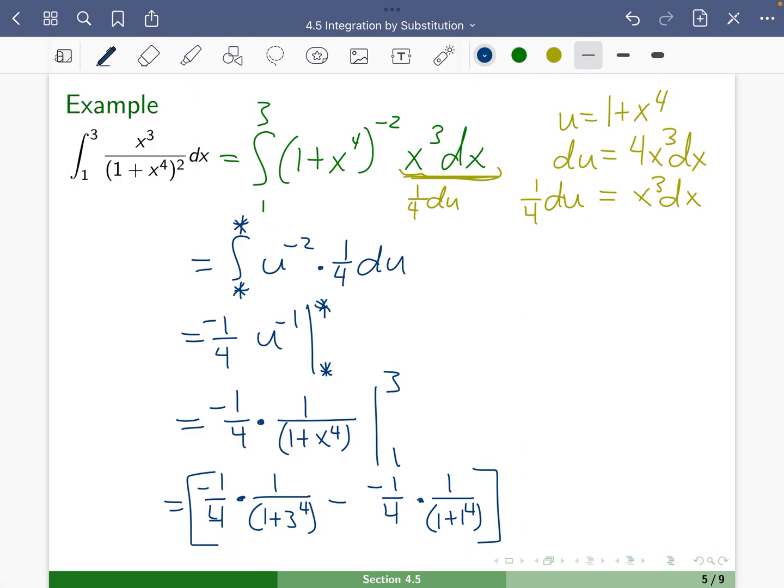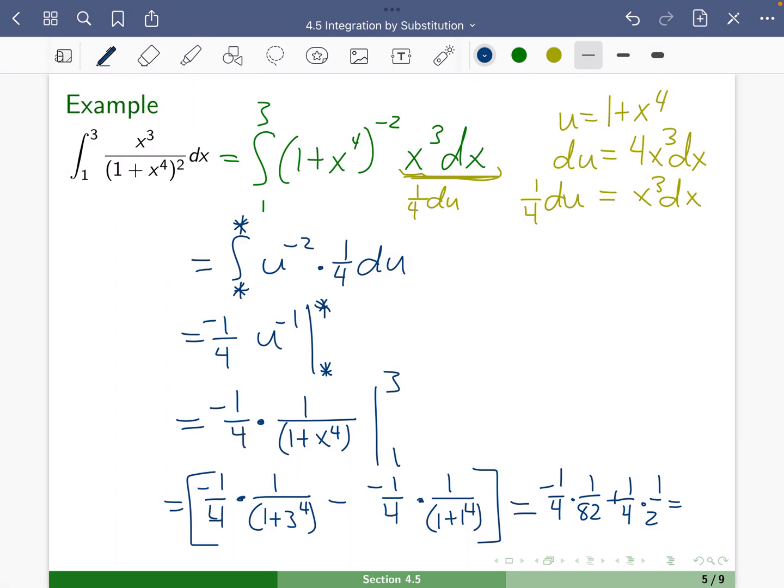And if we do that, we should get exactly the same thing that we got on our previous page. So we'll get negative 1/4 times 1 over 82 plus 1/4 times 1/2.